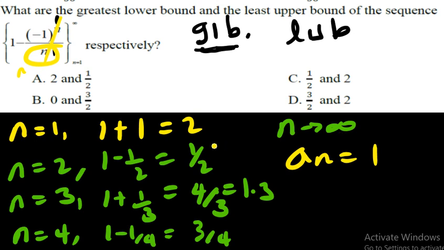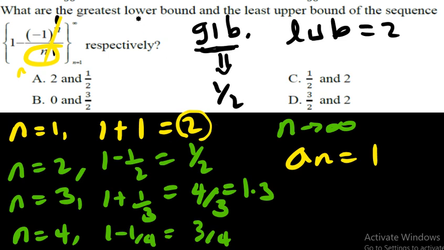So which number is the larger number from all the sequence? The sequence after this is getting smaller. It may go up and down, but it will not be larger than 2. This is the maximum outcome. So the least upper bound is going to be 2. The greatest lower bound, the smallest number you see, is 1 over 2, 0.5.